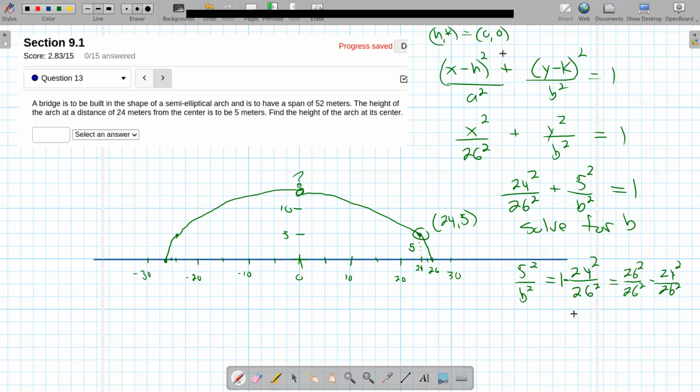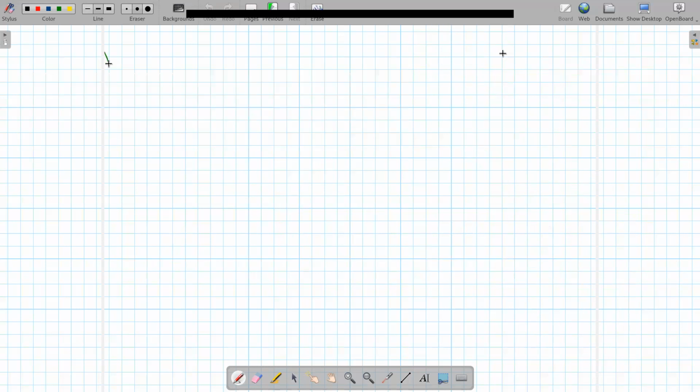So then the other side can be looked at as 26 squared minus 24 squared over 26 squared. And if we flip both sides, we'll get the b in the top. So let's go to a new page. So I'm going to write it as b squared over 5 squared equals 26 squared over 26 squared minus 24 squared.